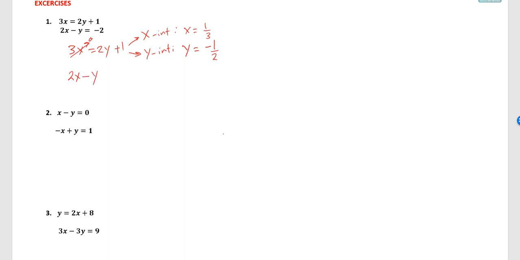Moving on to the next equation, we have 2x minus y equals minus 2. For the x-intercept, we set y equal to 0, so 2x equals minus 2, so x is equal to minus 1. For the y-intercept, we set x equal to 0, so we have minus y equals minus 2, so y equals 2.